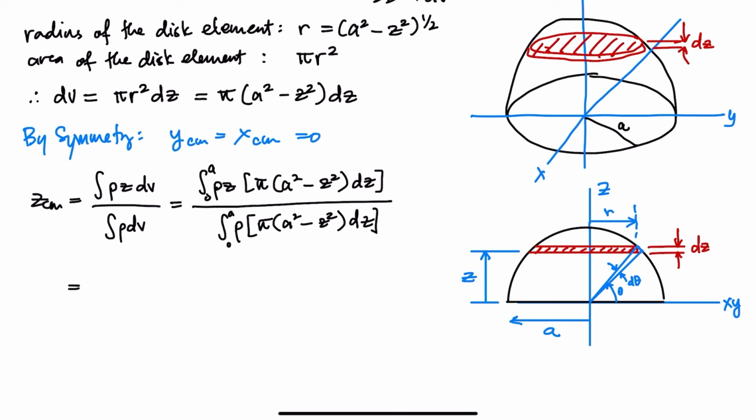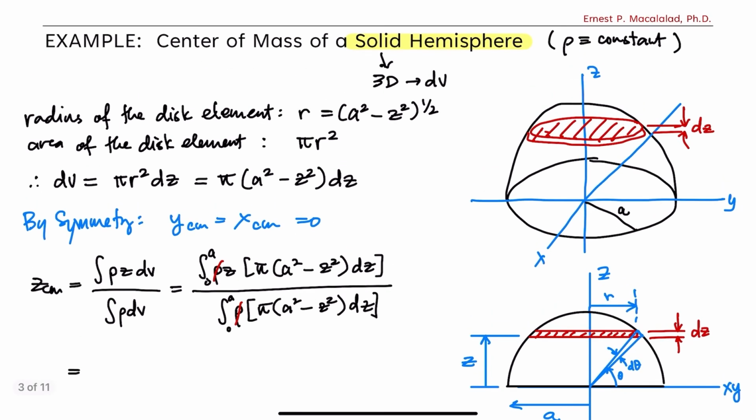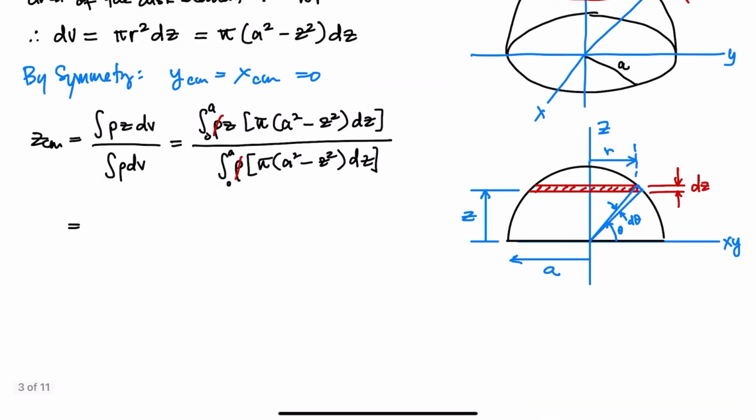If you're going to do the integration, you can actually cancel rho because remember that rho is a constant. By the way, we can also cancel pi because pi is also a constant.